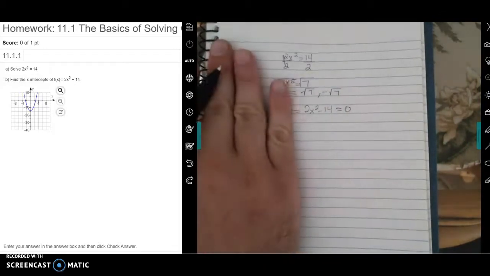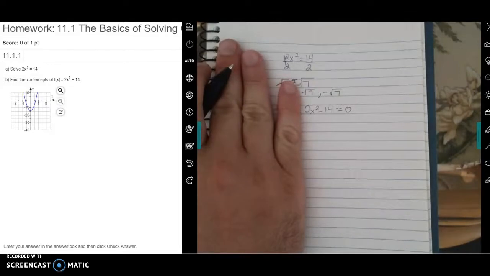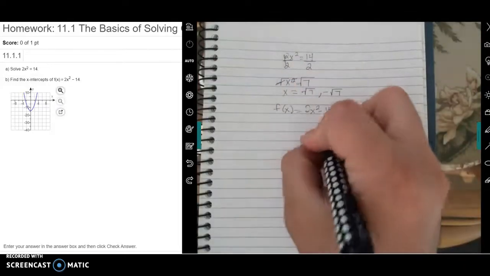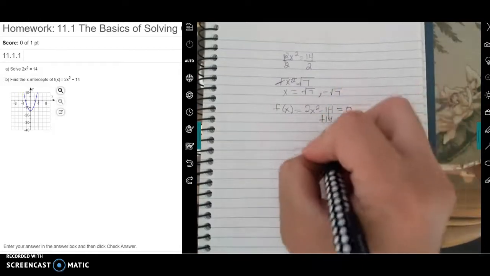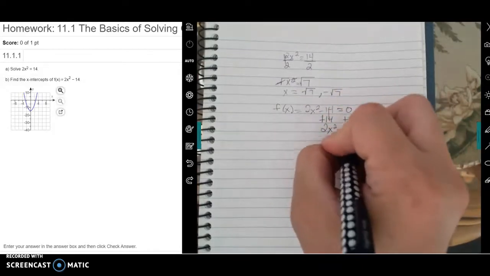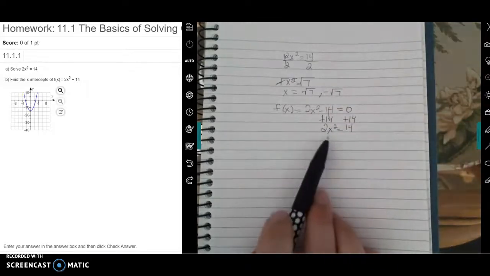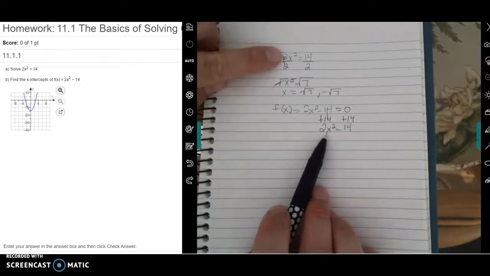And now we want to solve this equation. So what we're going to do is add 14 to each side. That gives me 2x squared equals 14. And now notice from here, it's going to follow the exact same steps that we did here to solve this.